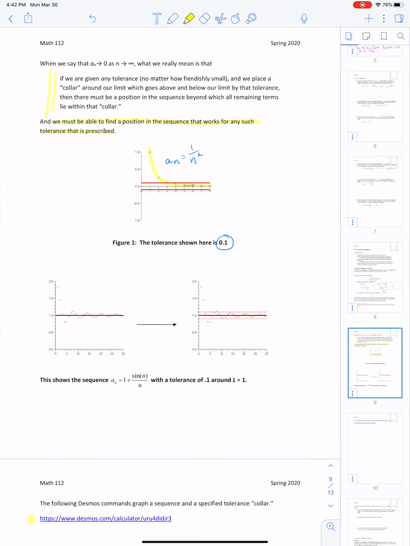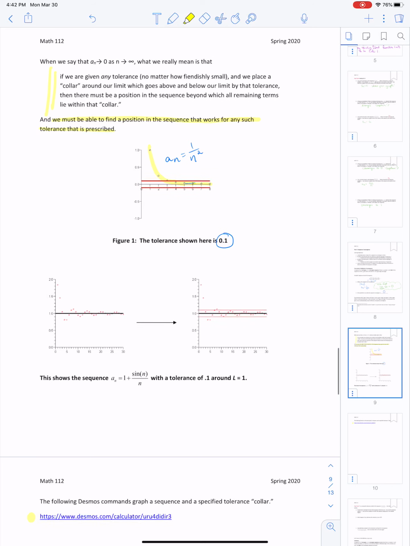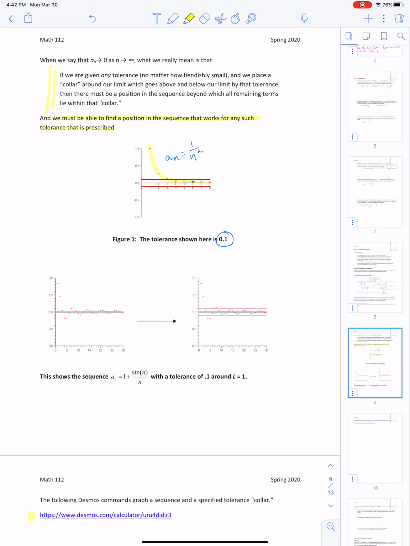Okay, and so here I'm just giving you another example of the sequence where the nth term is 1 plus sine of n over n. And you can see that those terms are oscillating, but they seem to be oscillating around 1.